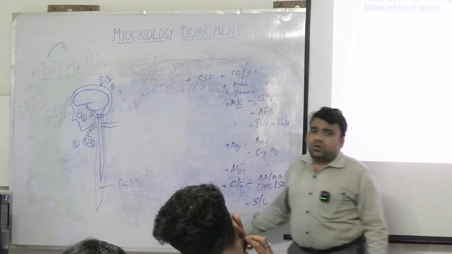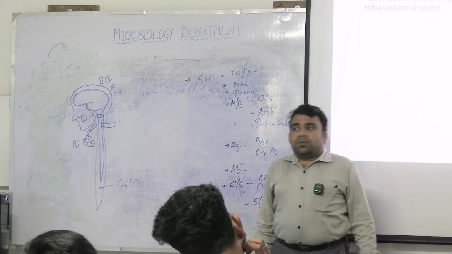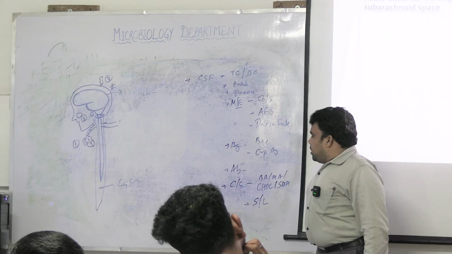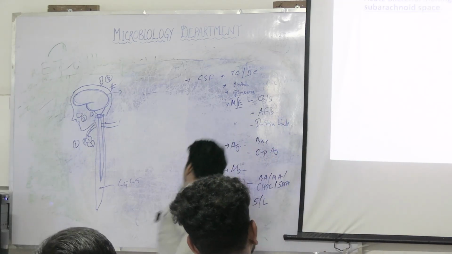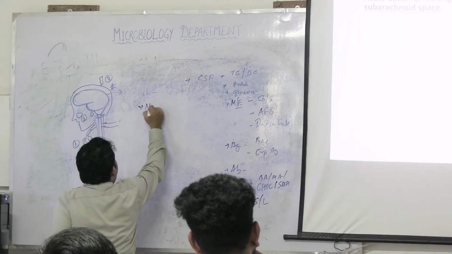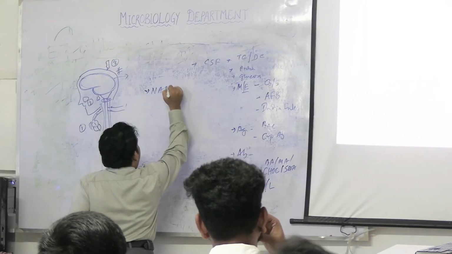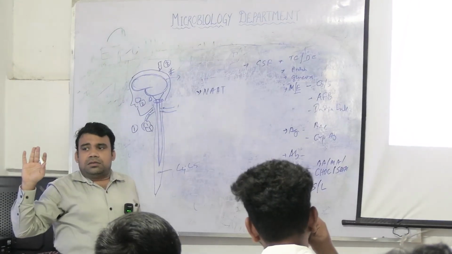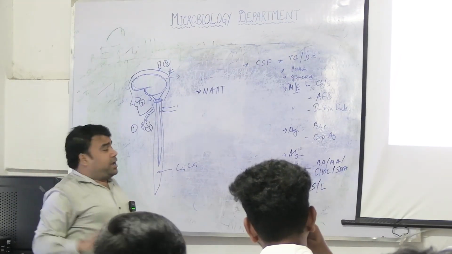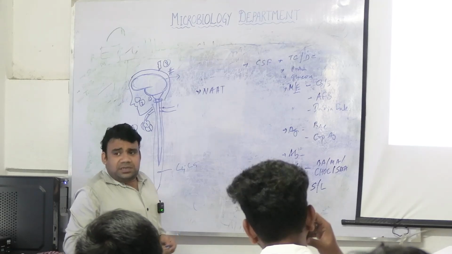Any other test that we can do on CSF? Molecular methods. Now, what type of molecular methods? In your examination, please don't write PCR. Always write nucleic acid amplification test.